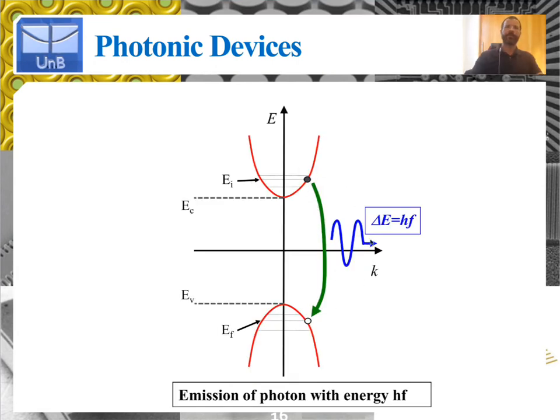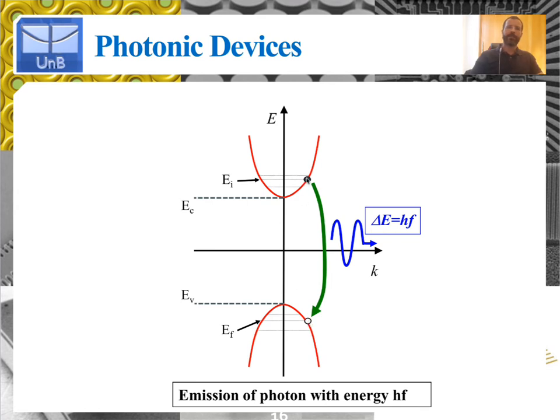In order for an emission to occur, you need to have an electron in a level in the conduction band right here, and then you also must have a hole in a lower state here in the valence band, so an empty state here.